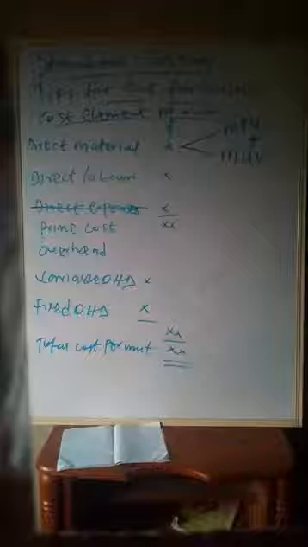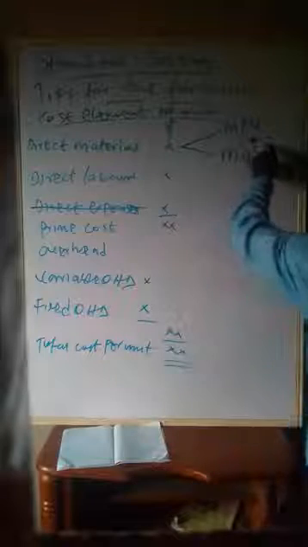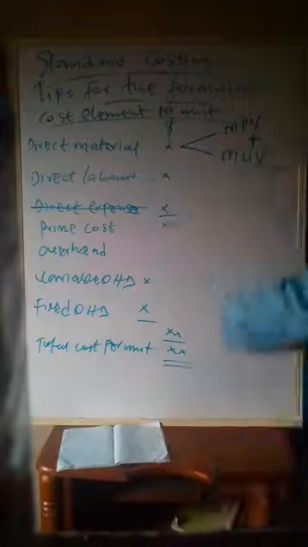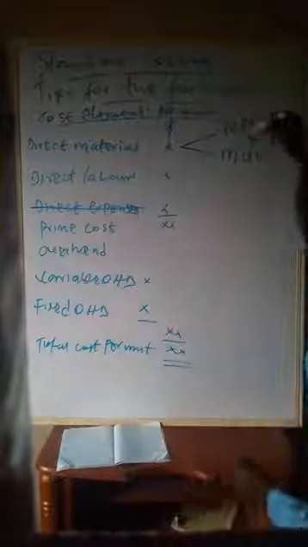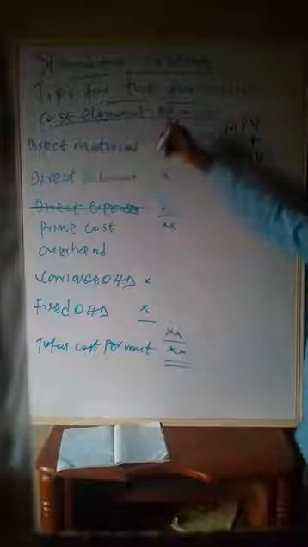The addition of this now gives us total direct material cost variance: material price variance plus material usage variance gives us total direct material cost variance.